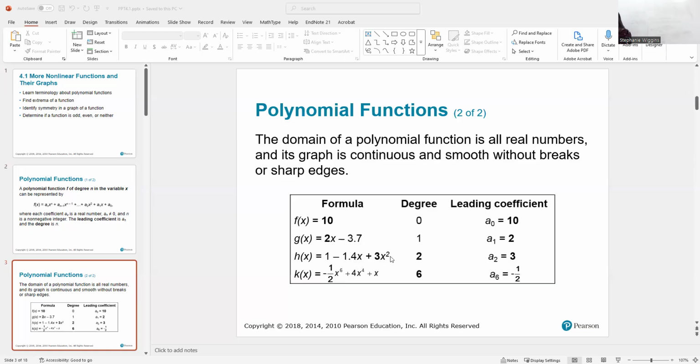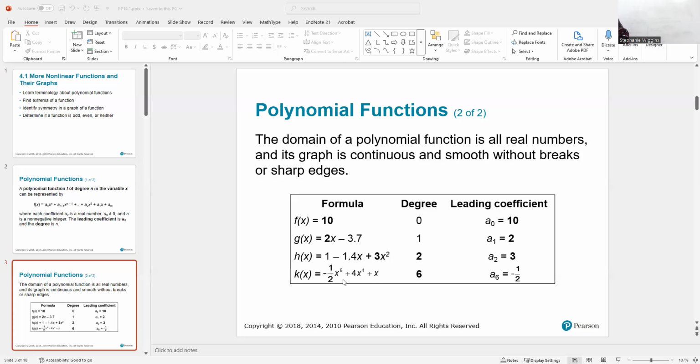In the next example, we do have it written in proper order because the highest power on x is 6. Then we're missing the x to the 5th term because the coefficient on the x to the 5th term is 0, so it's gone. And same here for the x cubed and the x squared terms, the coefficients on those terms are 0.